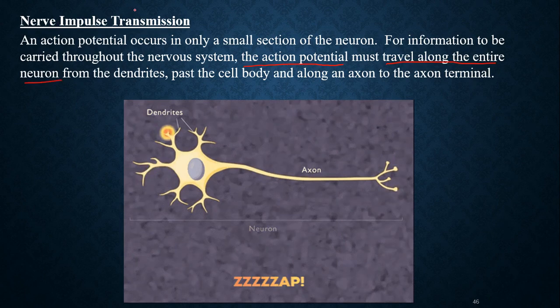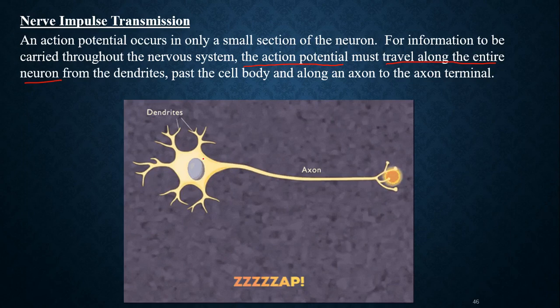Nerve impulse transmission is the action potential traveling along the entire neuron. Action potentials start at the dendrites, move through the cell body, move along the axon to the axon terminal. Never the other way. What I want to look at today is how this occurs.